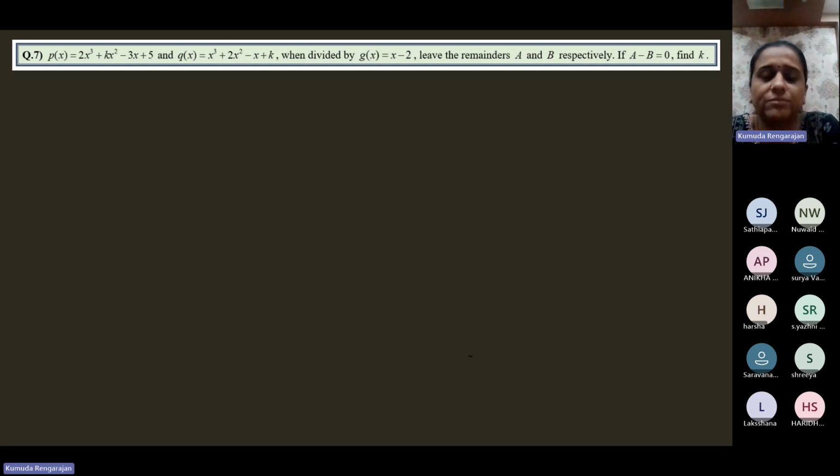P of x is divided by G of x, where P of x is a cubic polynomial and G of x is a linear polynomial.